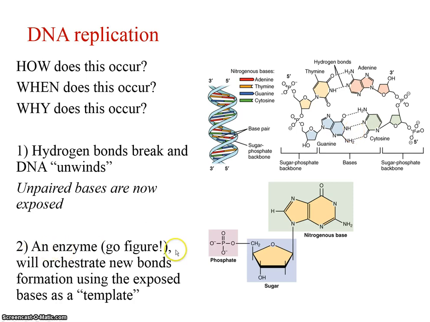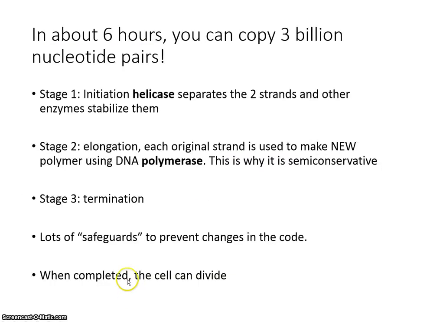An enzyme called DNA polymerase will attach to each unwound and separate strand and start building. Each strand will get its own polymerase and start building new strands, forming new bonds, and using the original strands as templates. Right? This is such an efficient process that in about 6 hours you can copy all those 3 billion nucleotide pairs.